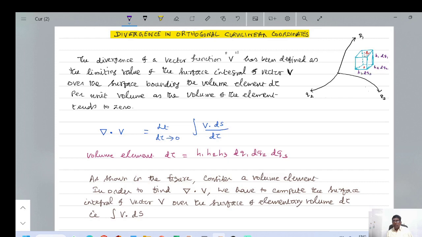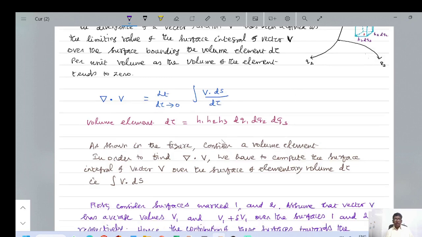If you want to calculate the volume, you should multiply all these three, h1 h2 h3 into dq1 dq2 dq3. If you want to find the area, just multiply h3 dq3 into h2 dq2, this side into this side. For volume, we have to multiply these three.